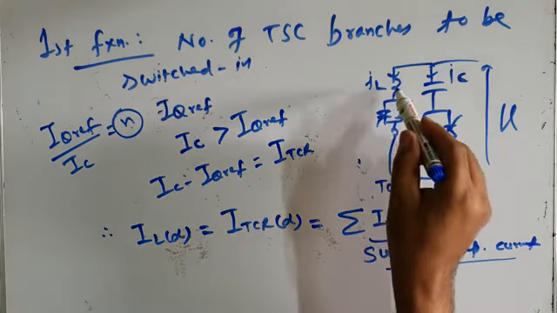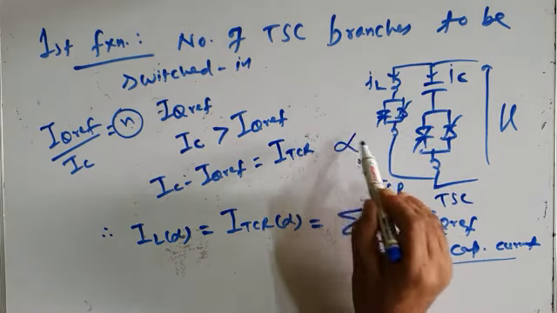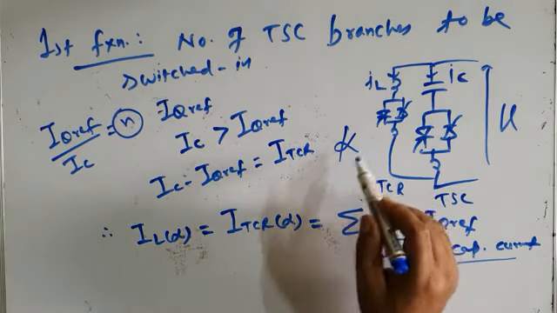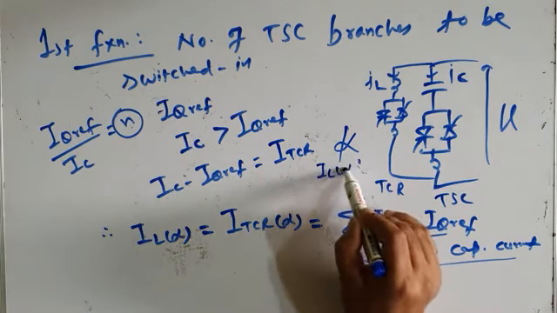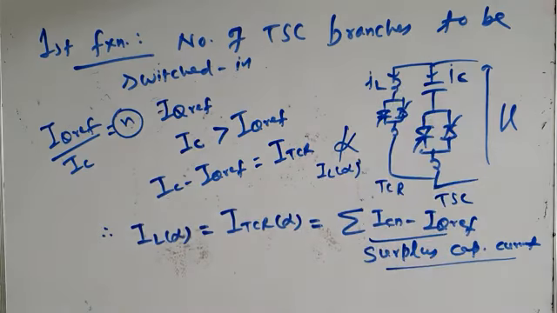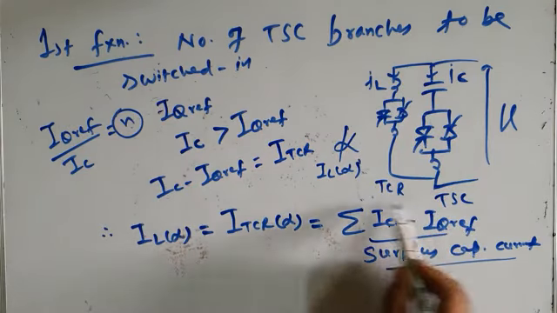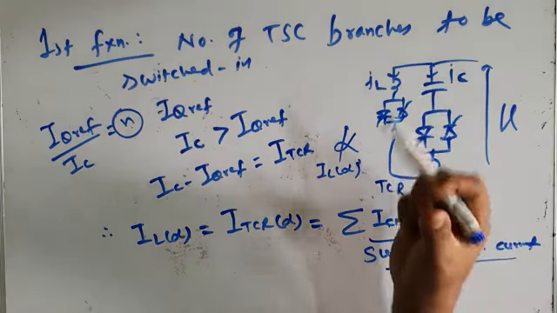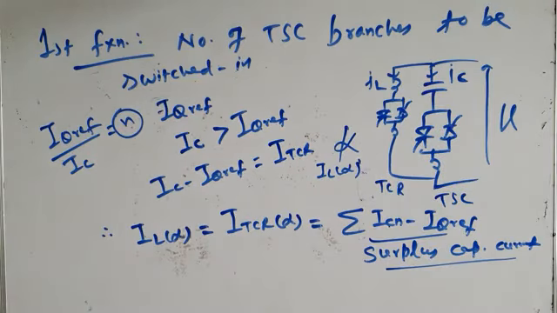In order to turn on the TCR, we must know the delay angle at which it has to be turned on, and we will know the delay angle only if we know the magnitude of the TCR current drawn when it is turned on. That IL alpha will be given by the difference, summation of ICN minus IQ ref, which is the surplus current to be cancelled by the TCR. So this is how the first function is performed.